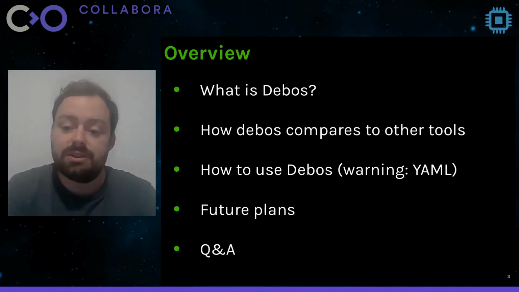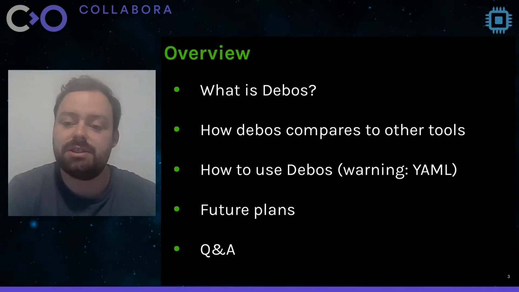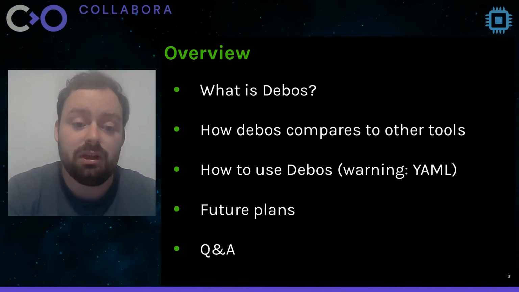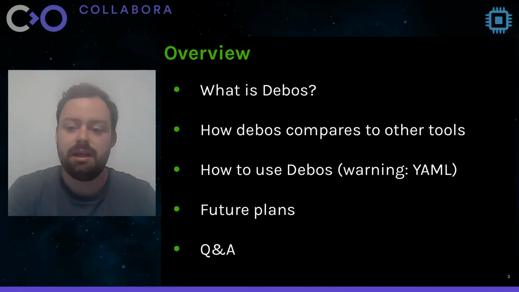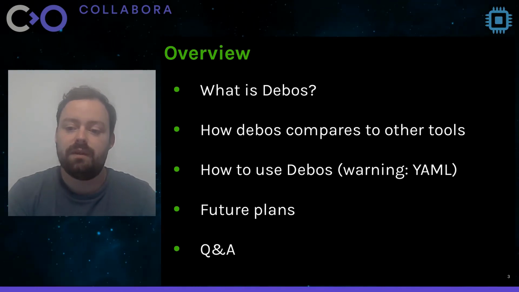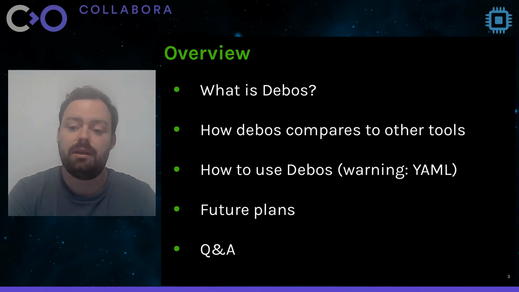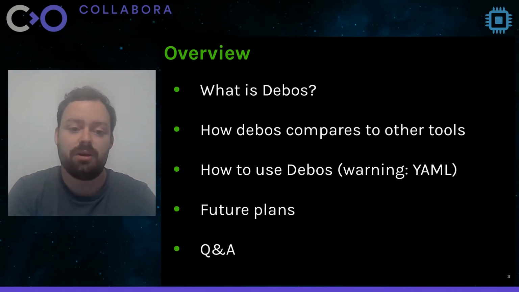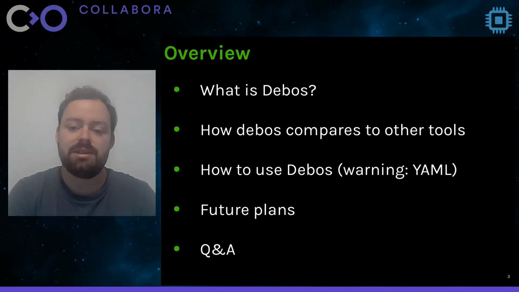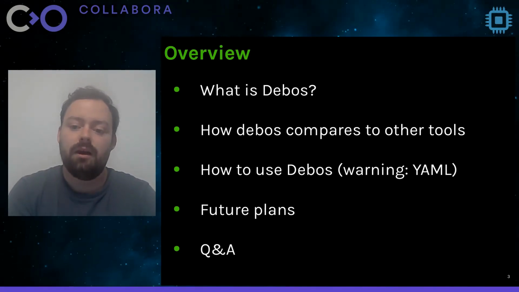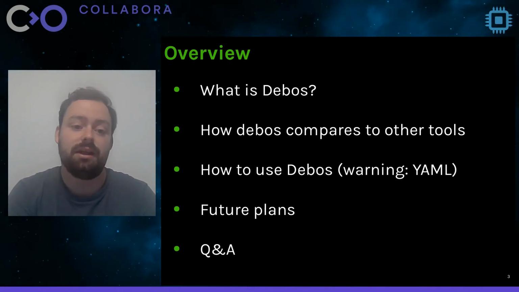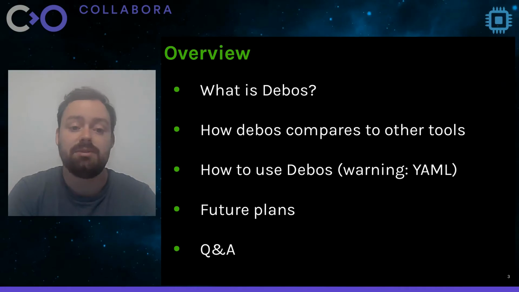Also, I would suggest downloading the slides so you can get access to some of the blue links that I've dotted around the presentation. These should give you a little bit more context in places. The link on this slide will show you the introduction to YAML, yet another markup language, which is extensively used throughout Debos, and also lots of other continuous integration systems like GitHub Actions and GitLab CI.